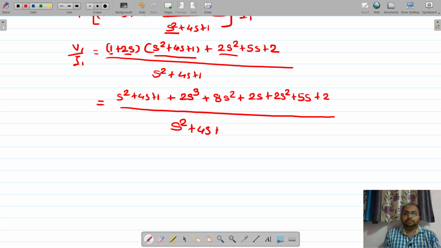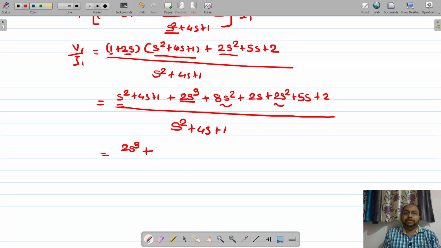Is it fine? Okay, so let us simplify this. 2s cube will be the highest power, so 2s cube plus, what about s square? How many terms are there? There are 3 terms, right?